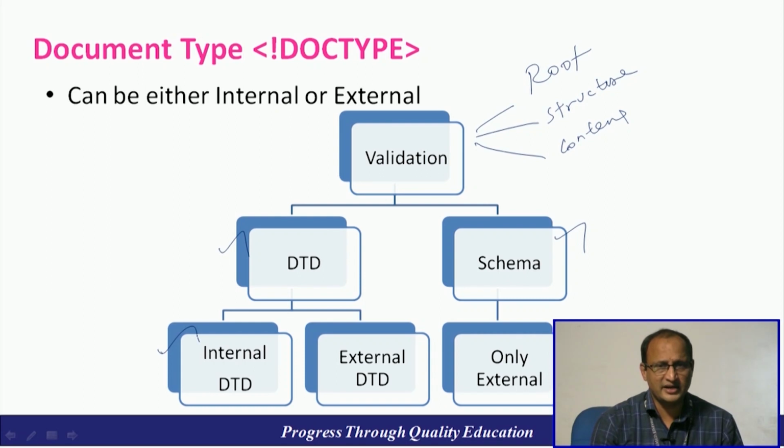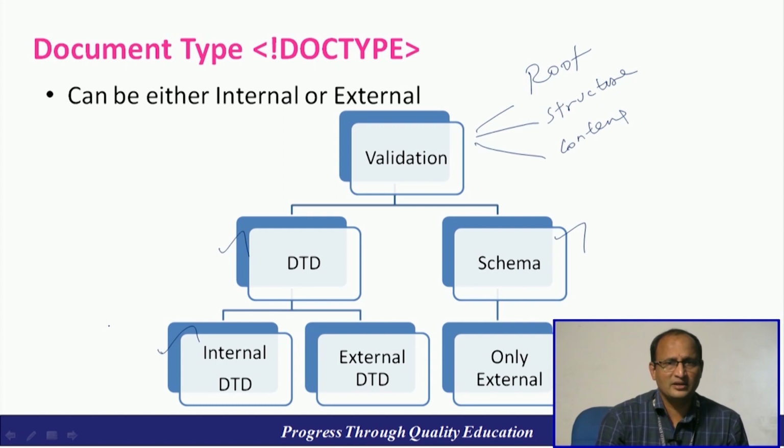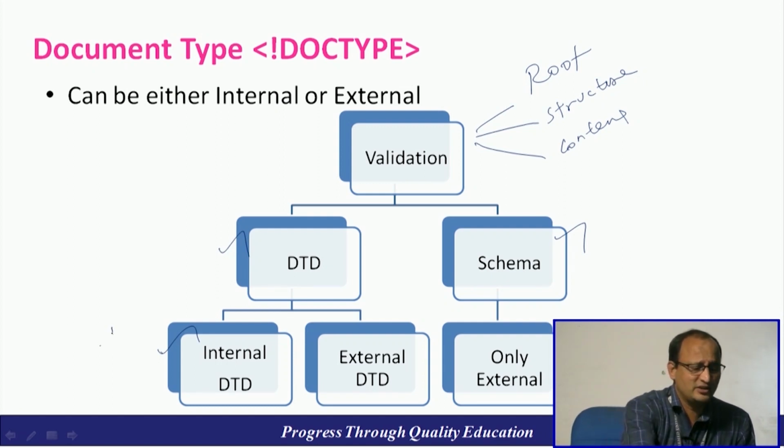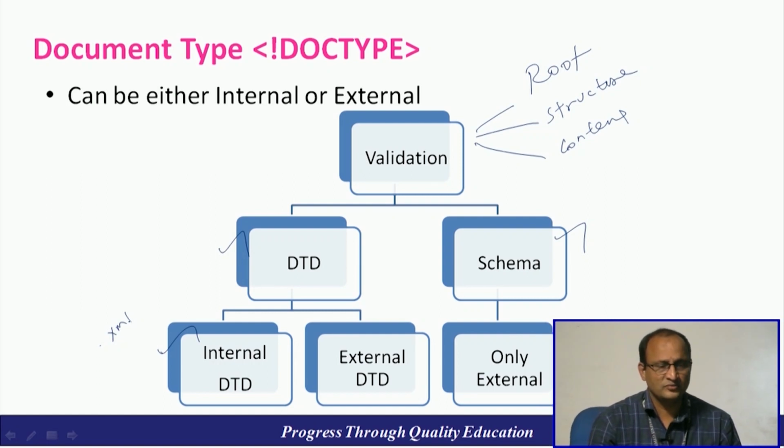The internal DTD can be written within an XML document. So we know that the name of the file document should be saved with .xml. This is for internal DTD. We will discuss it in depth.